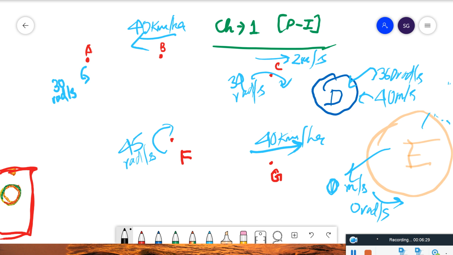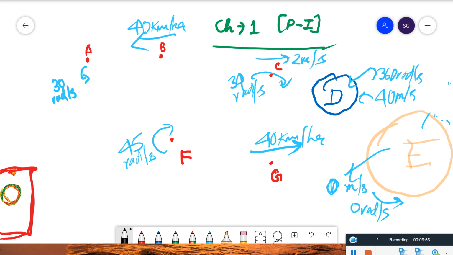Okay, so see A, B, C, D, E, F, G. There are 7 objects that I have given to let you understand the meaning of motion and rest. A is moving at 30 radians per second, B is moving at 40 kilometers per hour from right towards left, C is having 2 meter per second towards right and 30 radian per second angular velocity.